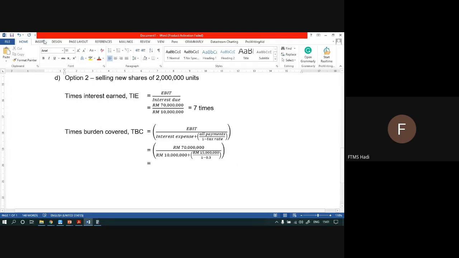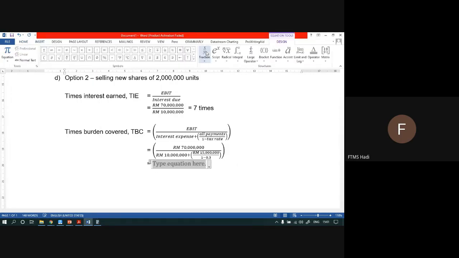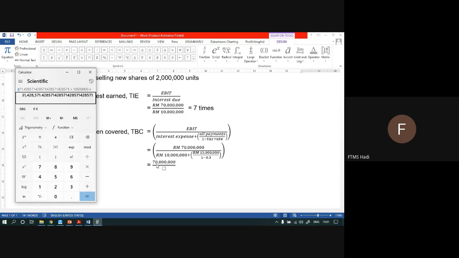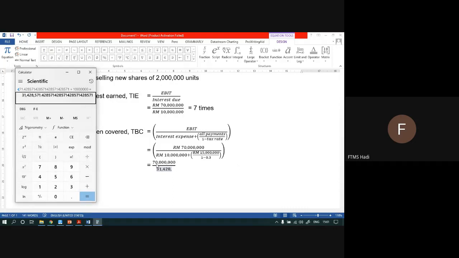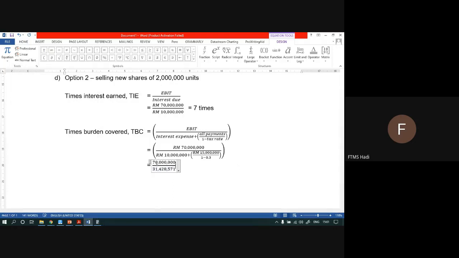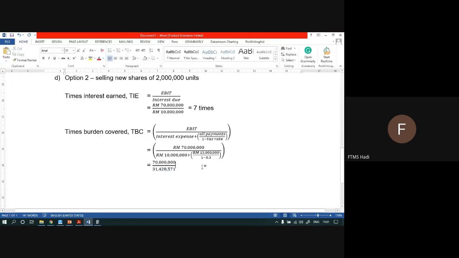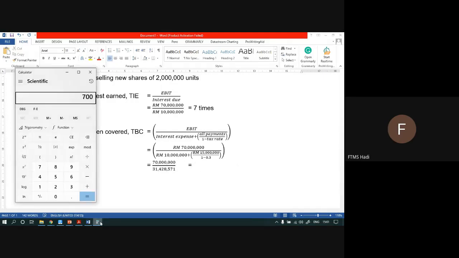So 70 million divided by 31,428,571 is 2.23 times.